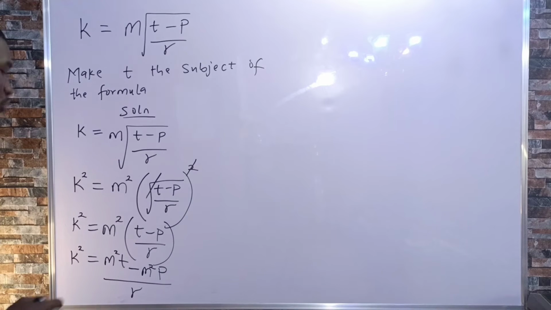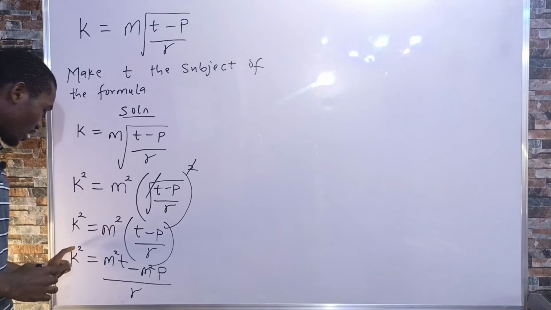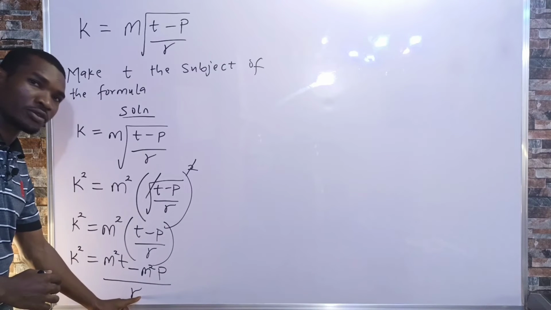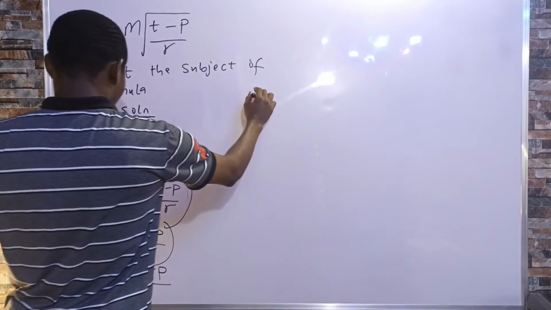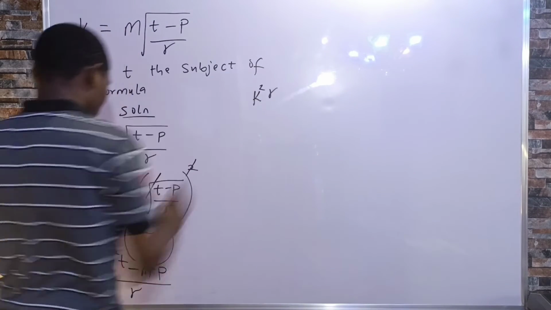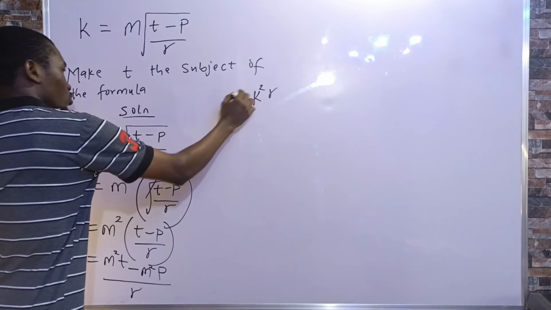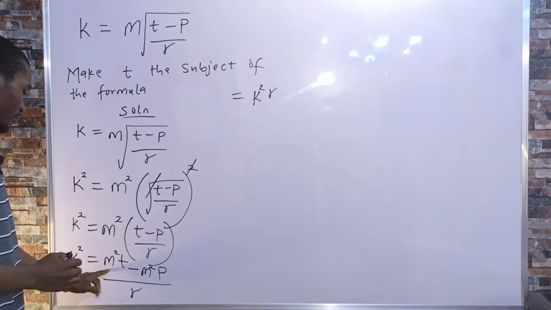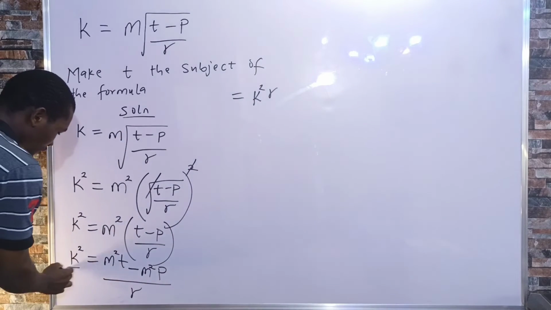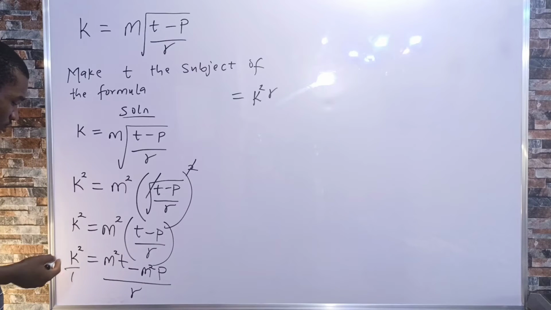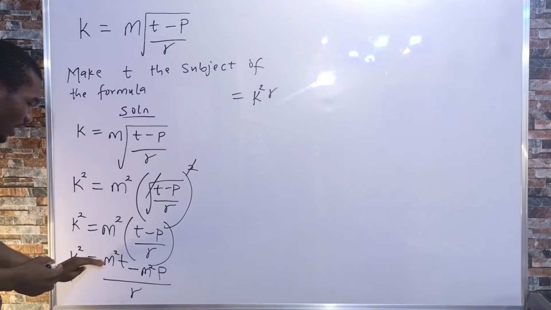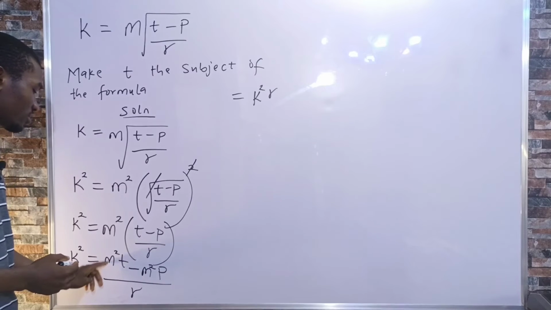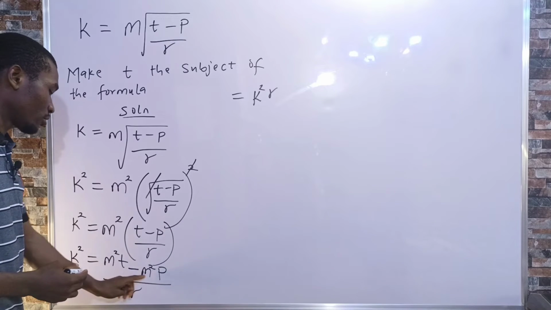Cross multiplying the equation, I then have that k squared multiplied by r gives k squared r, and that is equal to, remember that k squared is the same thing as k squared over 1, then 1 multiplied by every numerator we have here, which is m squared t minus m squared p.